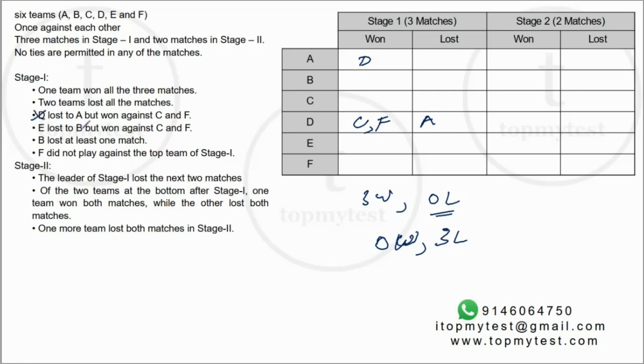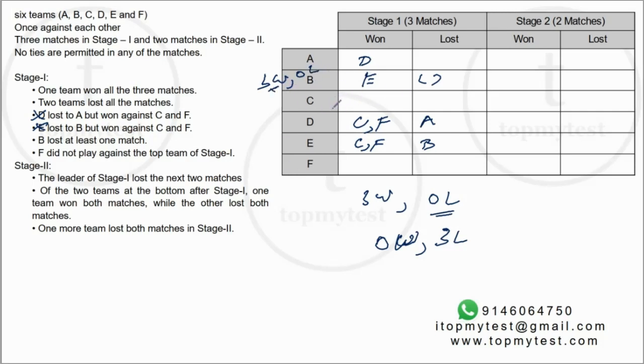E lost to B but won against C and F. B beat E. Okay, so E is also done. B lost at least 1 match. So B cannot be this 3 wins, 0 loss team. B cannot be that team.